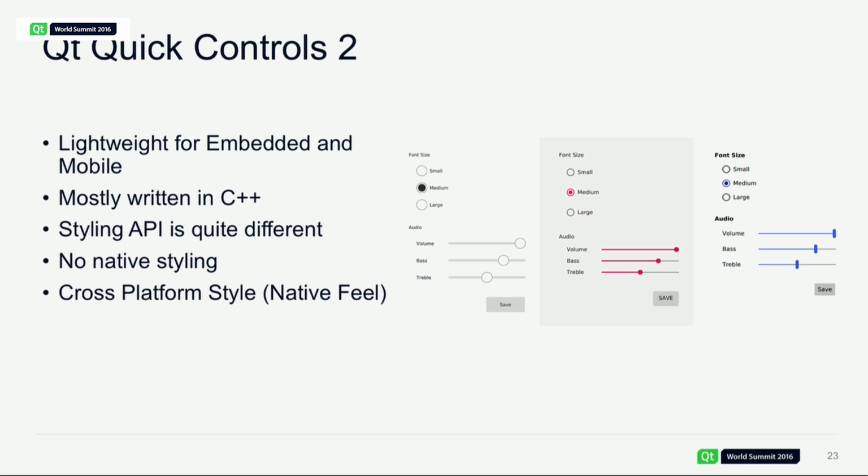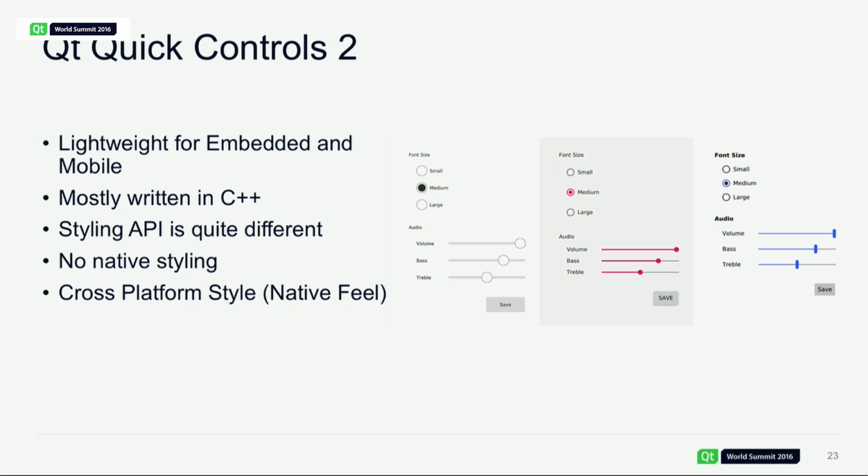Of course, this still works on desktop, but here the mentality was, rather than trying to look native, this is for when you want your app to look the same everywhere, or to completely define the look of your UI. Don't even pretend to be native, because in practice you're only ever going to be 90% there anyway. So we say, be completely unique, and we can also have something that is very performant everywhere we run.